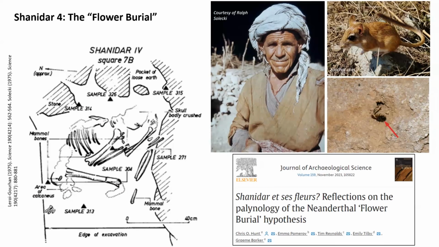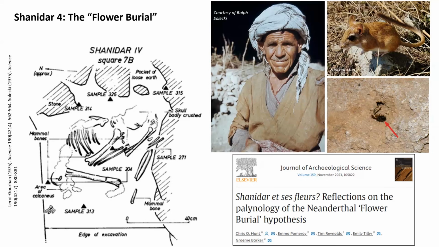Now, the flower burial. I mentioned this earlier. This is one of the most famous discoveries at Shanidar Cave. This, again, is that diagram we saw. You can see relative to the photos, again, we've got the skull here. That left arm that's been misinterpreted in the photos is quite clearly drawn there in the hand.